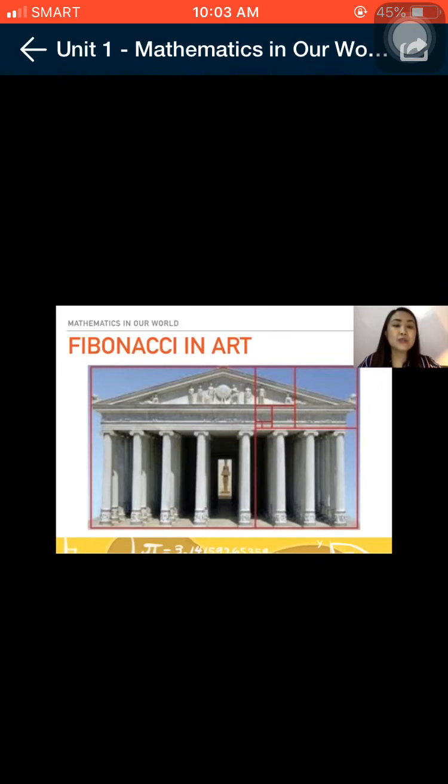Even in buildings, as you can see, this is the Parthenon. This has been around for thousands of years. It's become an iconic building. It has stood the test of time because its design is classic. It's built beautifully because it used the Fibonacci spiral.